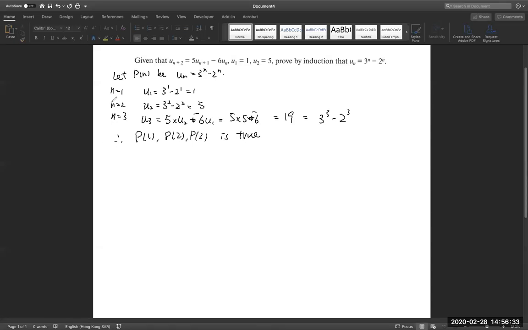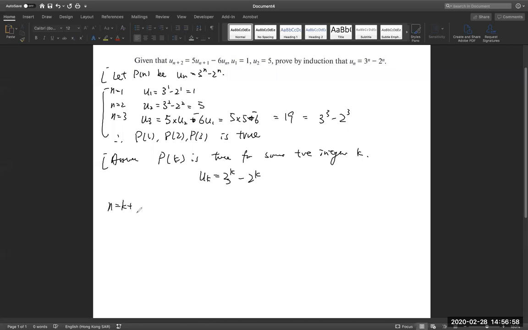The third step is to assume P(k) is true for some positive integer k. So that means u_k equals 3 to the power k minus 2 to the power k. And then the fourth step is to prove that P(k+1) is true.